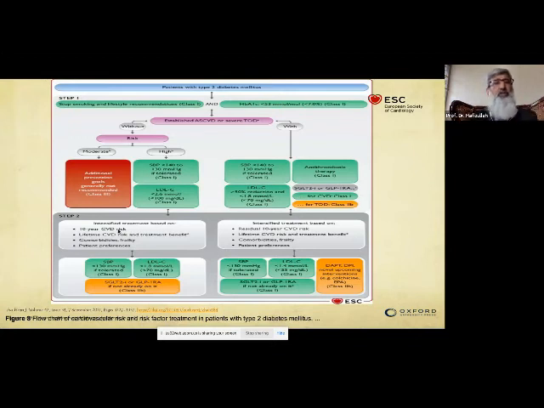Next stage, you consider after calculating 10 years CVD risk, lifetime CVD risk, looking at comorbidities and patient preference, and try to bring their blood pressure lower to 130, cholesterol lower to 70, and even lower to 55. And consider using SGLT2 inhibitors or GLP-1.